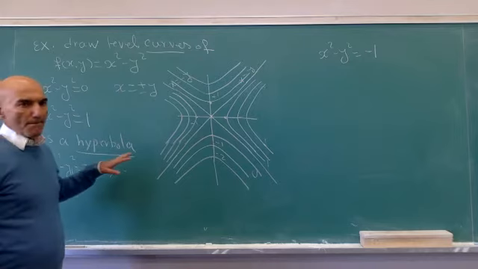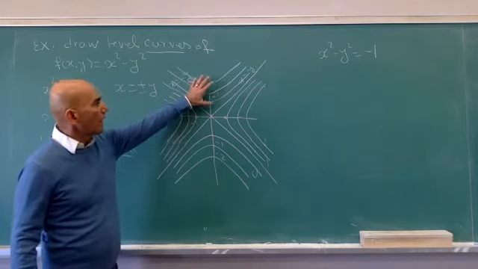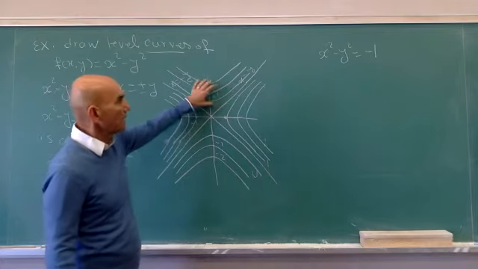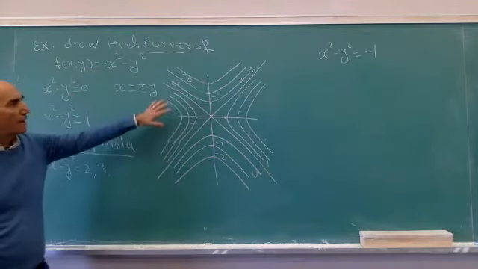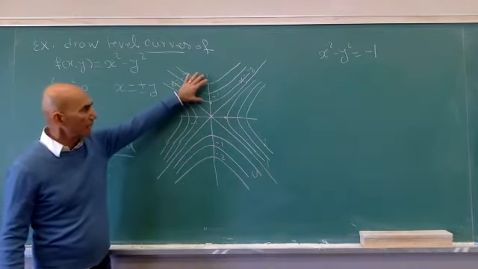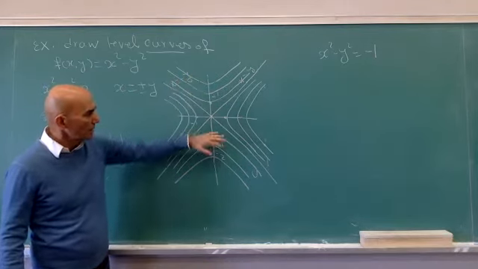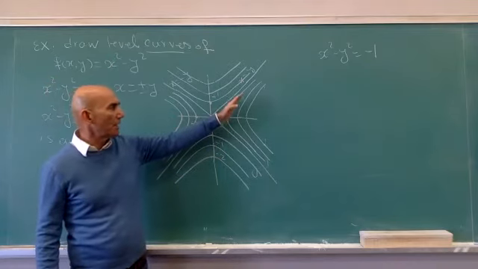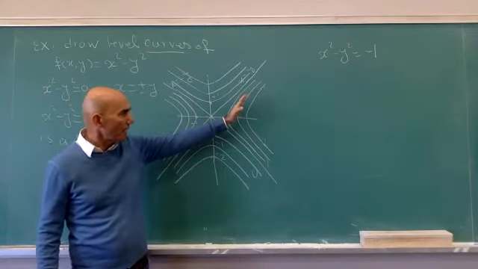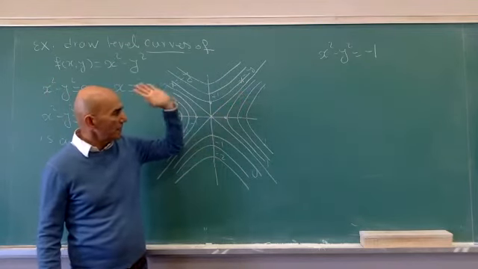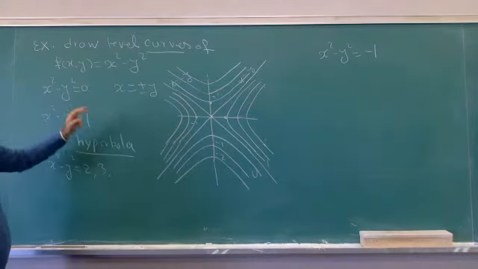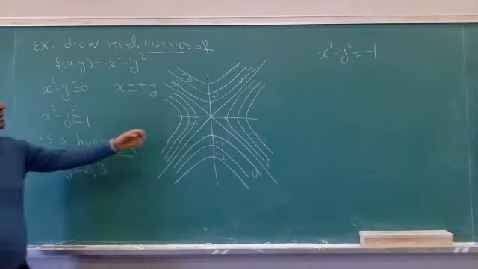So on this part, this function is taking negative values. That's why you're getting all those curves passing through this part, and also this one. And then on the right-hand side, the function takes positive values. x² minus y², for example, is equal to 1.